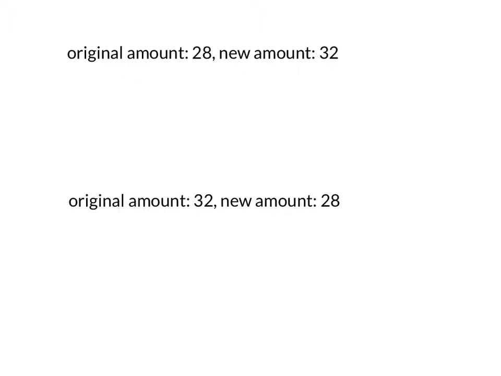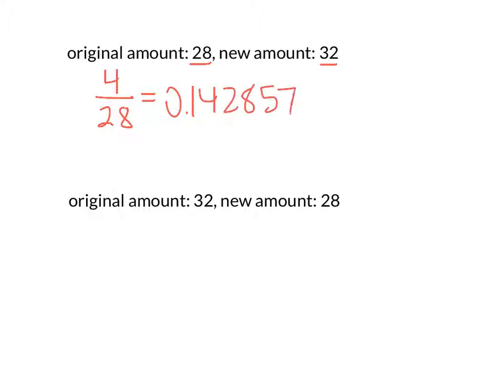So they simply give us an original amount and a new amount, and we want to find the percent change. So on this one, we want to find the difference. And the difference between 28 and 32 is 4. So 4 over the original, which is 28, equals 0.14287, and then it repeats from there.